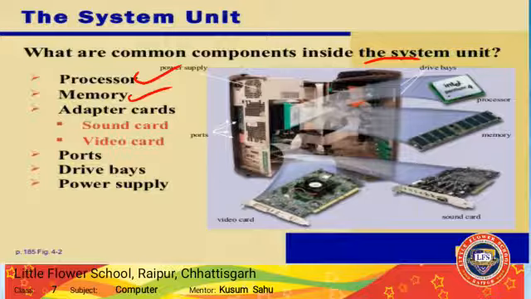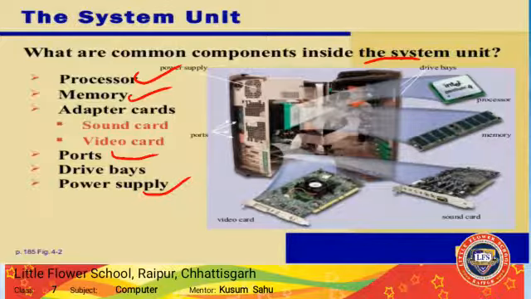Next is ports, through which we can connect other devices. Next is the drive bay, like a hard disk, where we can save our information, files or documents. Next is the power supply, through which we connect power to the computer.